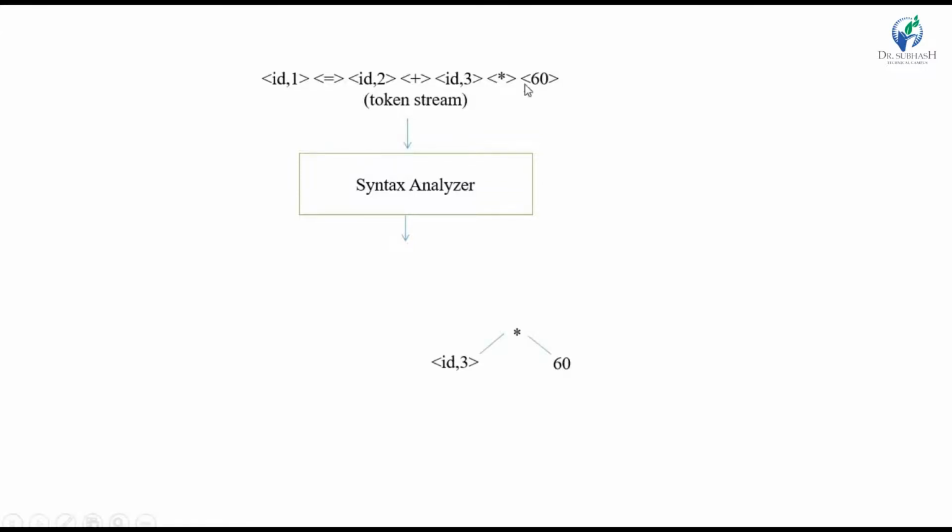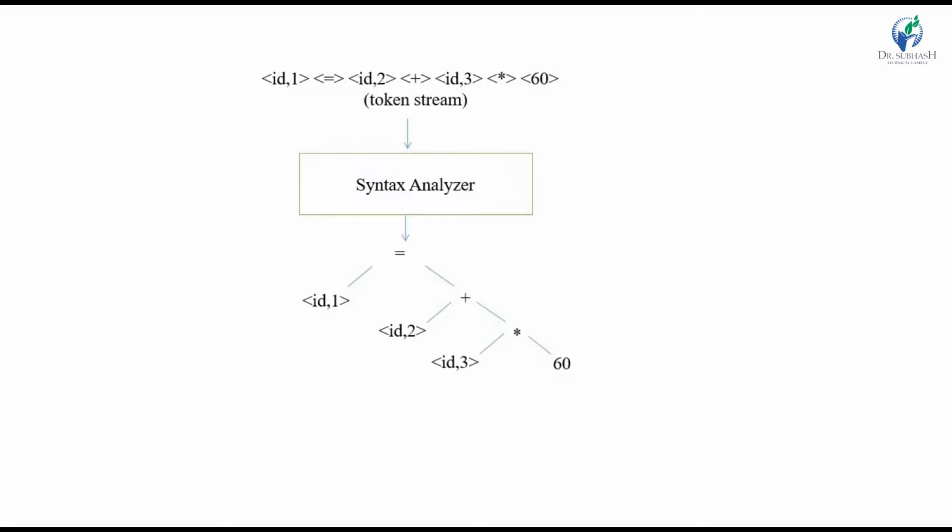Then the answer of id 3 * 60 is added with identifier 2. The result of this expression is assigned to identifier 1.